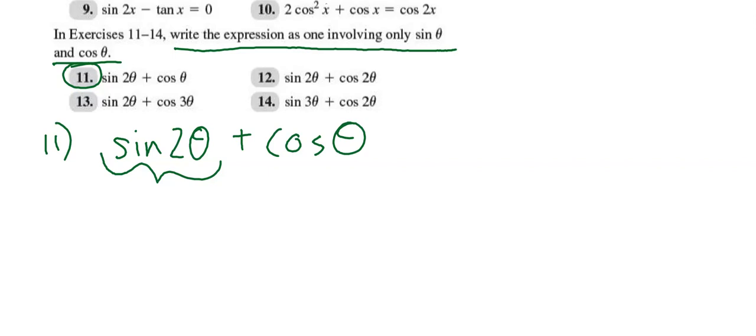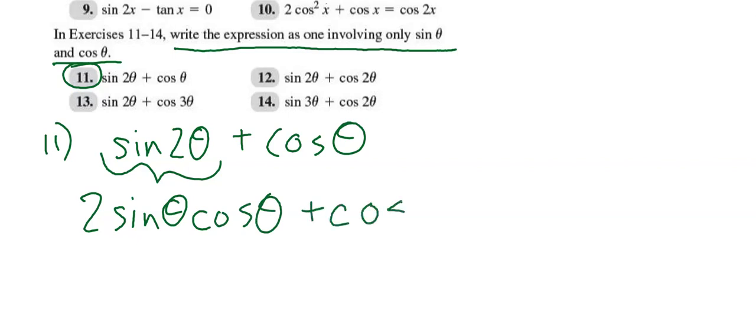What are you going to put in its place? 2 sine theta cosine theta, right? Do you have any more double angles? Are we done? Hey, next question. See, it's got single angles. That was a really easy one, right?